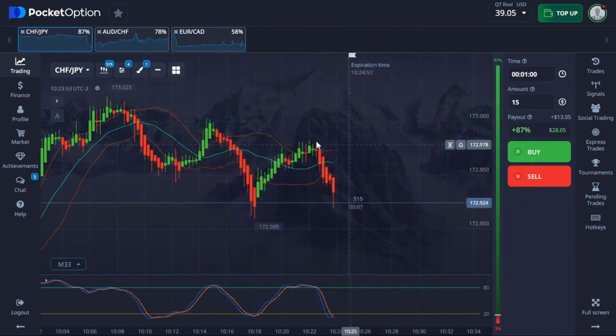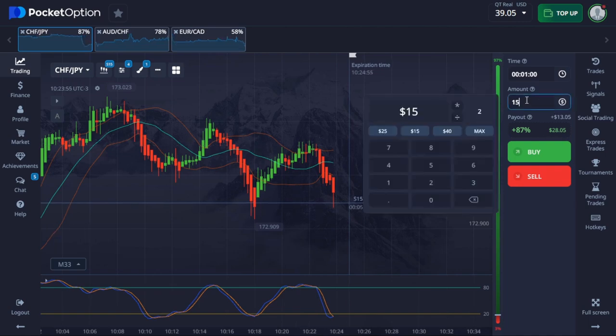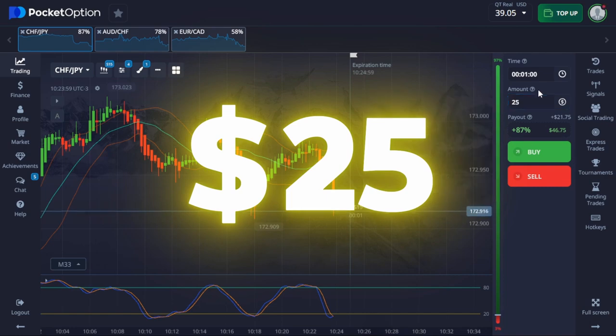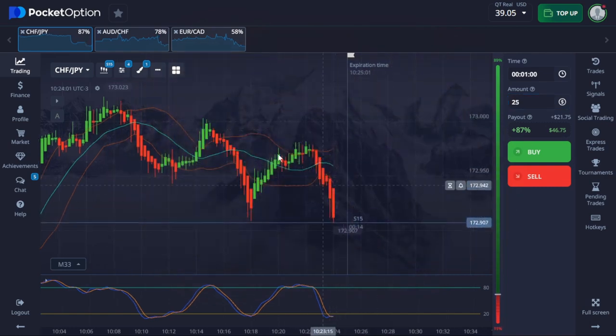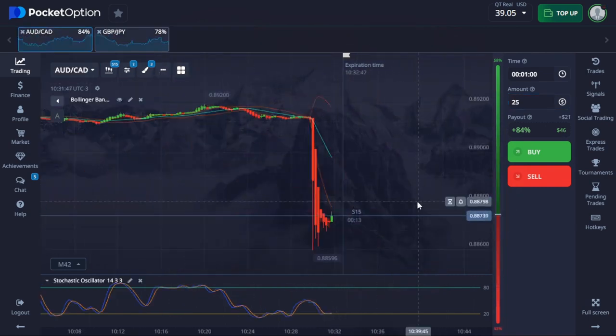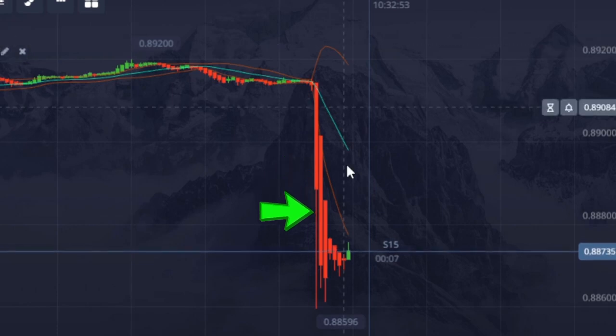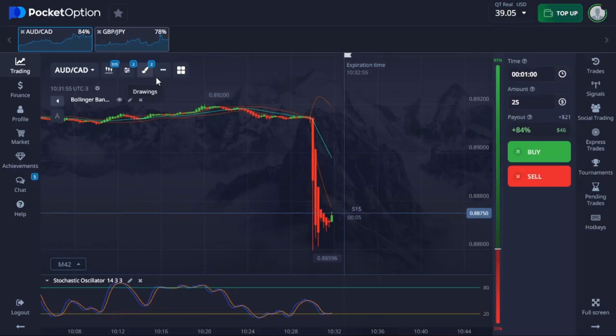Okay. Now I will increase my amount to $25 for the next entry. Just observe the market's conditions and avoid rushing into trades without valid entry criteria. Okay, in this case we have a huge downtrend.